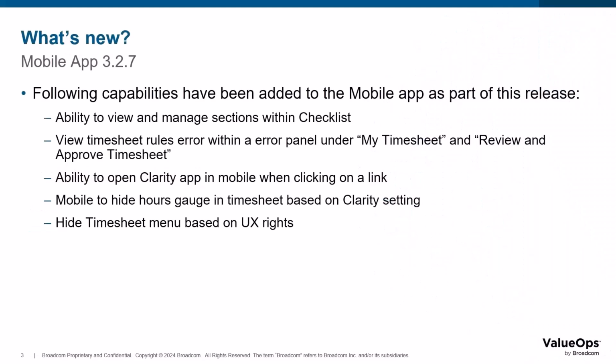As part of the Clarity mobile app version 3.2.7, the following capabilities have been added to the application: the ability to view and manage sections within a checklist, view timesheet rules error within the error panel under My Timesheets and review and approve timesheets, ability to open Clarity app in mobile when clicking on a specific link, mobile to hide hours gauge in timesheet based on Clarity settings, and finally, hide timesheet menu based on the Clarity access rights.